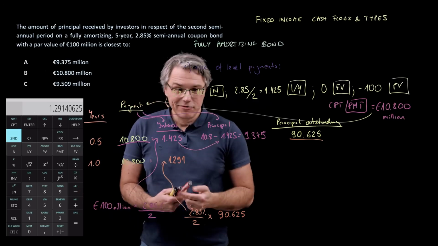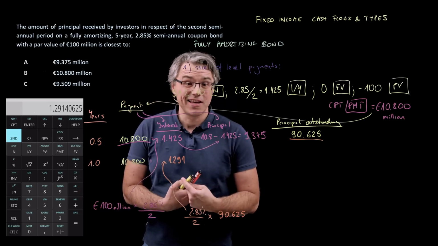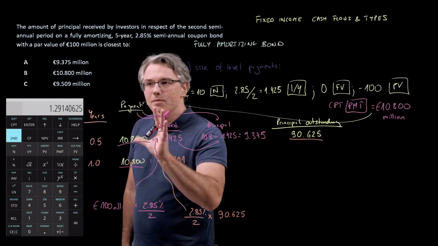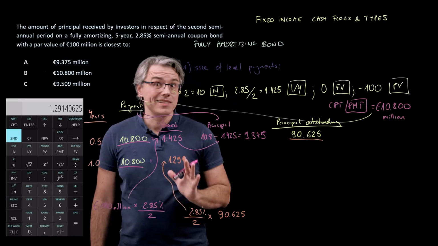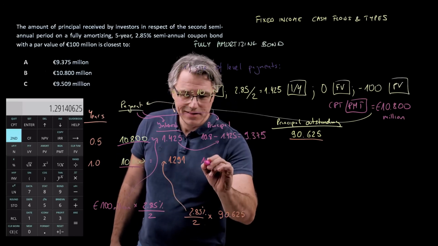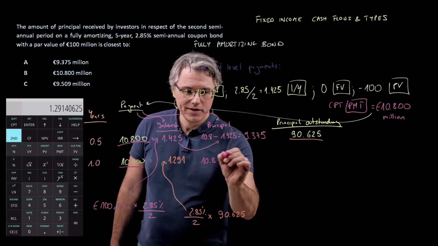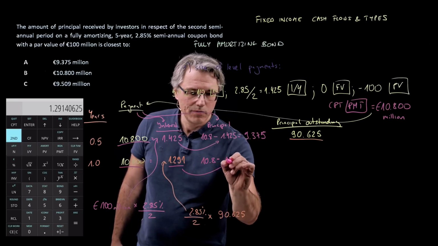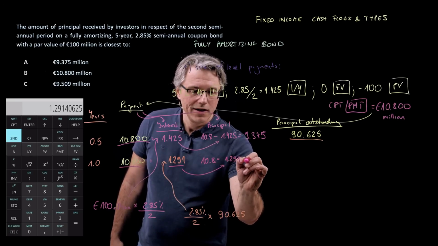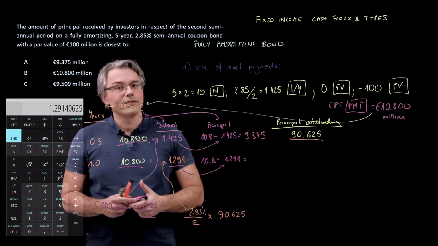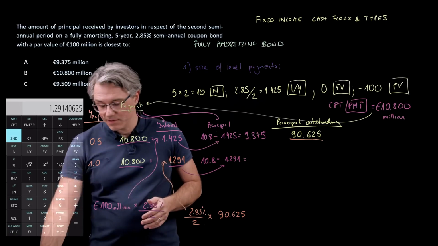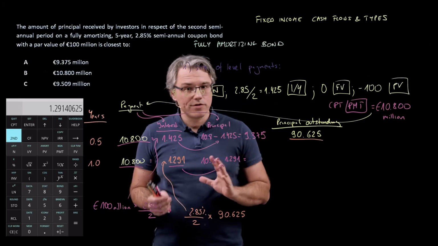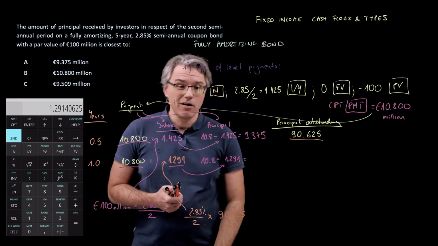The computation of the principal follows the same logic. Because the payment made by the issuer to investors is a level payment, this will still start off with 10.8, but I'm now going to deduct the 1.291. As you can see, even though the size of the payment made by the issuer is constant, the proportions between the interest and the principal are going to change.